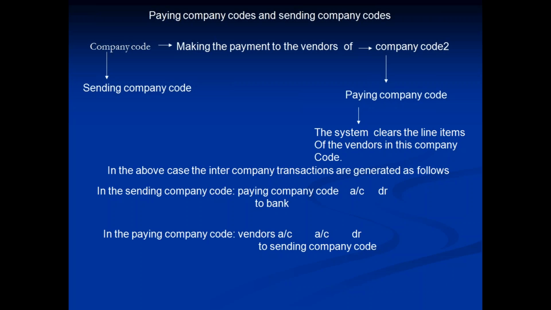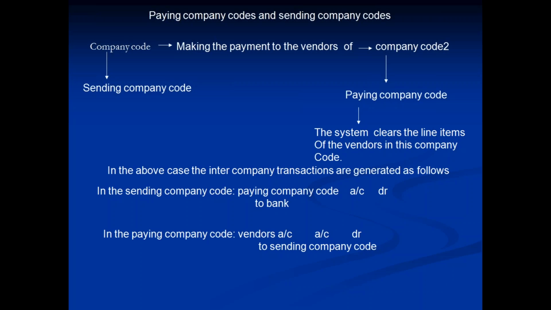So that company code does the payment on behalf of other company codes. The company code which is making the payment is called the sending company code. If company code A is doing the payment on behalf of company code B, then B is called the paying company code.